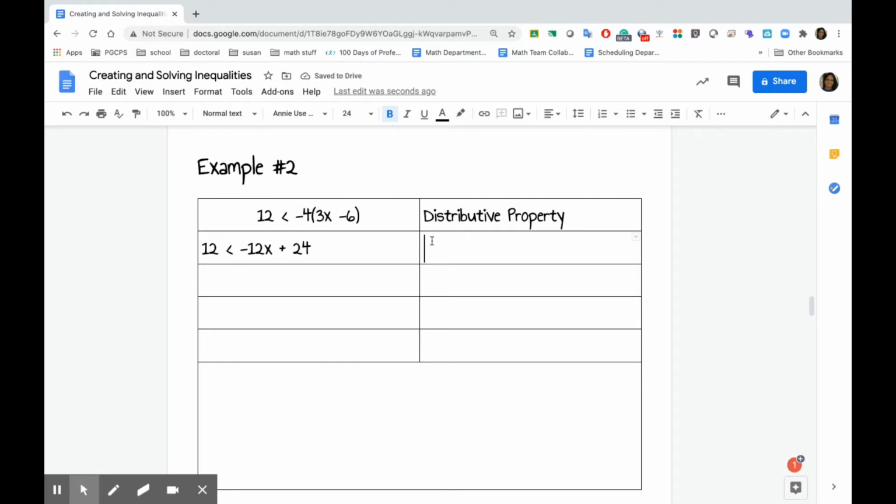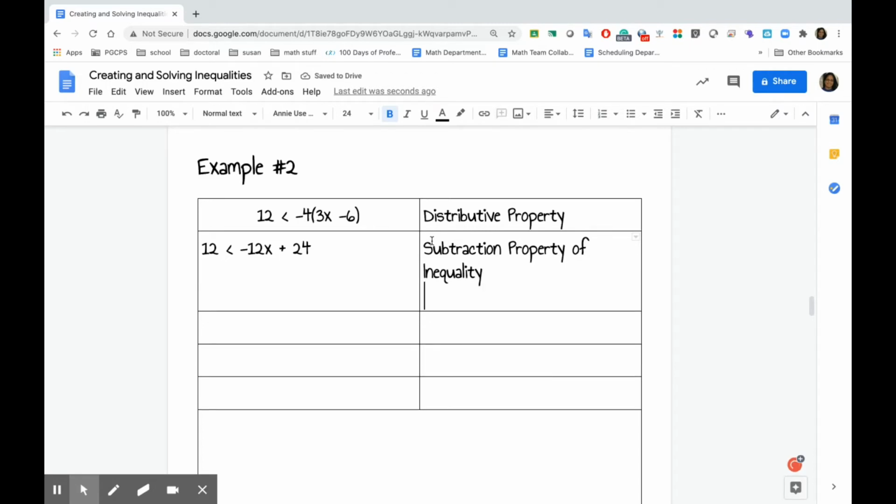Now let's eliminate 24 on the right side of the inequality. So we will use the subtraction property of inequality. We will subtract 24 from both sides. Now the left side will be subtracted by 24, same as with the right side.